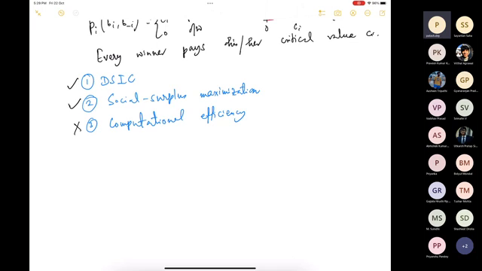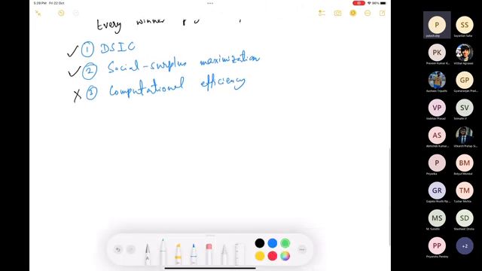So to achieve computational efficiency, because the social surplus maximization problem itself is computationally intractable in this case, we have to relax the social surplus maximization. We need to be happy with approximate social surplus maximization.